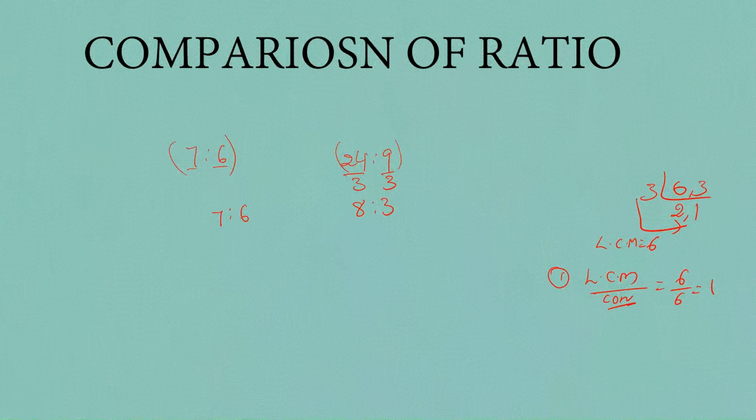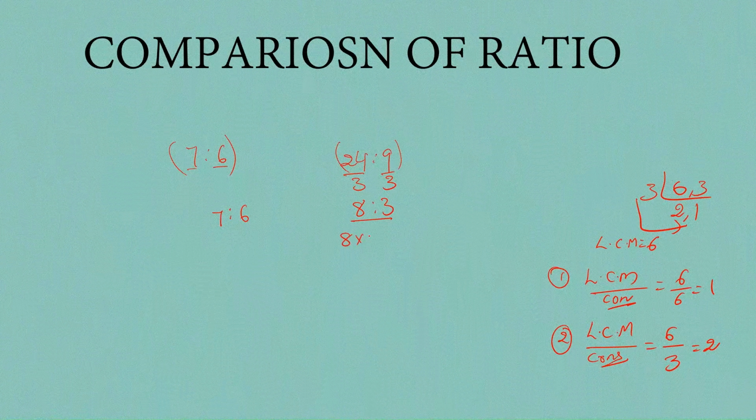Multiplying the ratio by 1 means it's going to be the same. And for the second ratio, we have to do LCM divided by the consequent of that ratio. 6 is the LCM divided by 3, the consequent of the second ratio. 6 divided by 3 is 2. So the second ratio we have to multiply by 2.